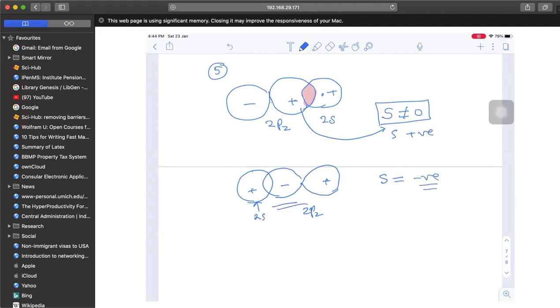But it doesn't matter, because when the molecular orbitals are formed, the results are two molecular orbitals, correct? Yes, sir. One will have 2pz with a positive sign, and the other will have 2pz with a negative sign. Correct?